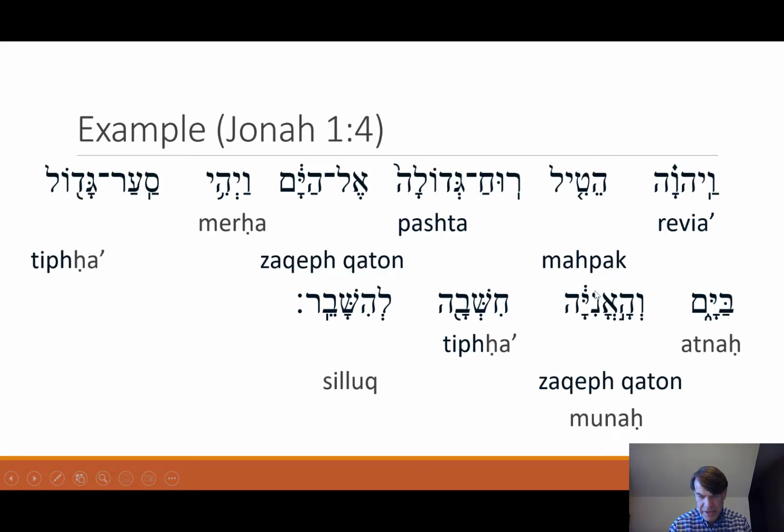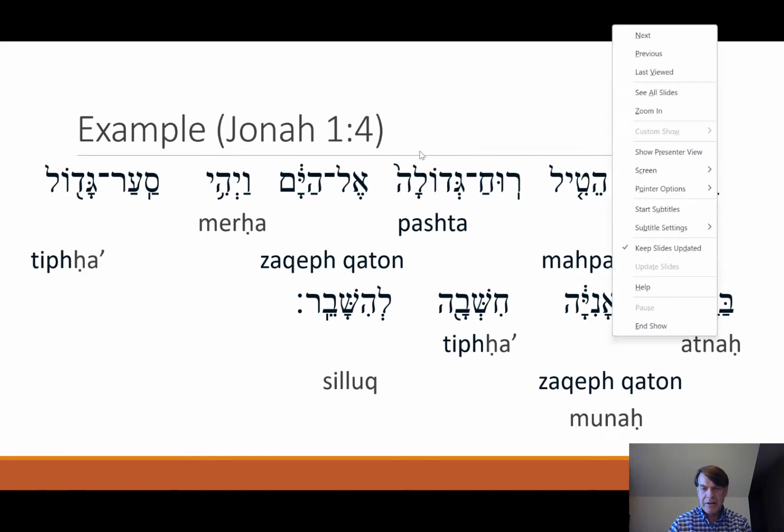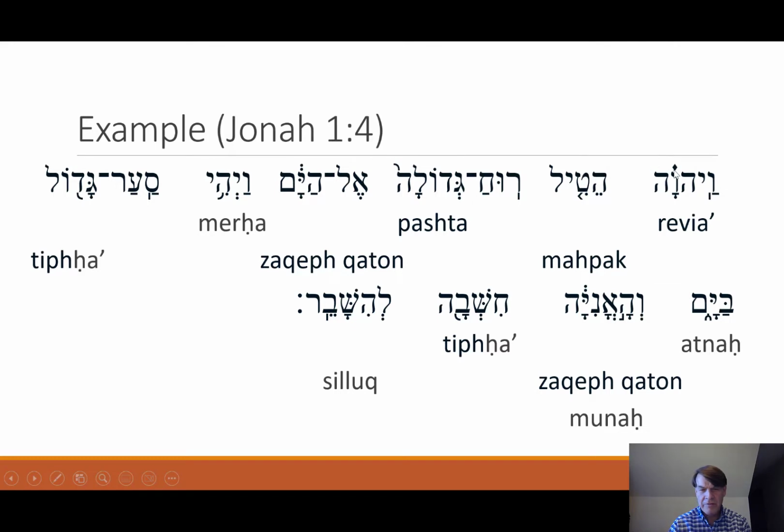You've got two accents in this word: the munach, which is I go with what comes after, and then the zakef katon. Again, there's no great meaning here. Roughly, the atnak is halfway through, and then you've got the zakef katon halfway to the atnak and halfway from the atnak. You've got the reviyah there.